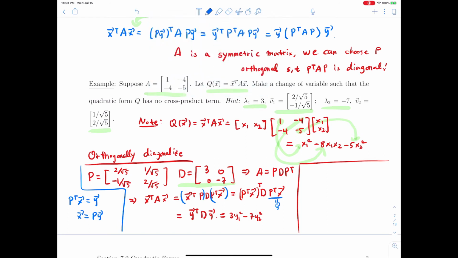So by orthogonally diagonalizing the given matrix, we originally had the cross product term x1 x2, but this equals 3 y1 squared minus 7 y2 squared, which doesn't have any y1 y2 term in it.